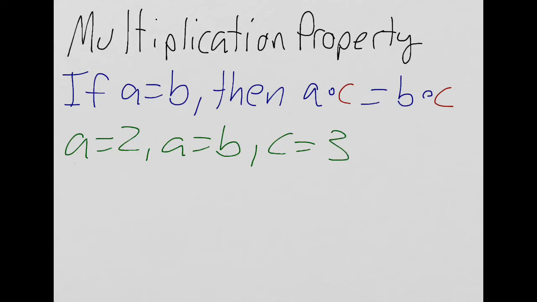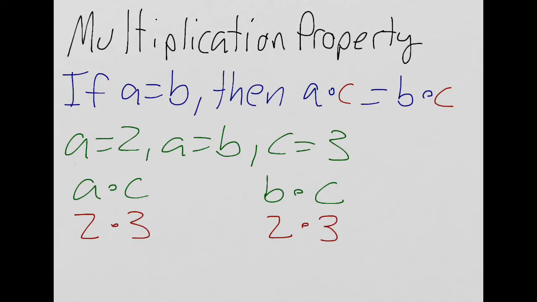And I want to evaluate the expressions A times C and B times C. Well, I know A equals 2, and I know A equals B, so B is also 2. And then C is equal to 3. Look at that on both sides. So 2 times 3 gives me 6, 2 times 3 gives me 6, and in fact we come out with A times C does equal B times C.